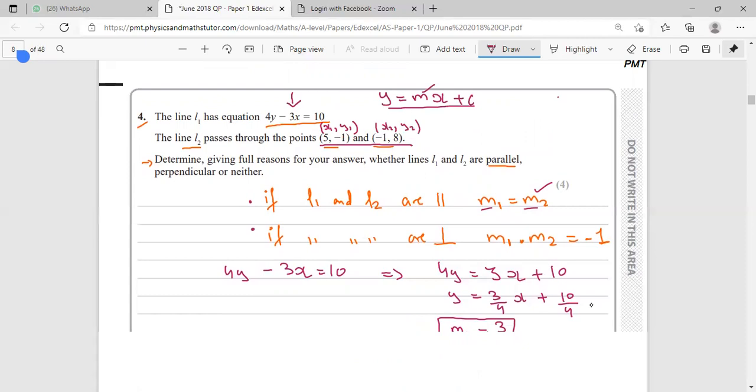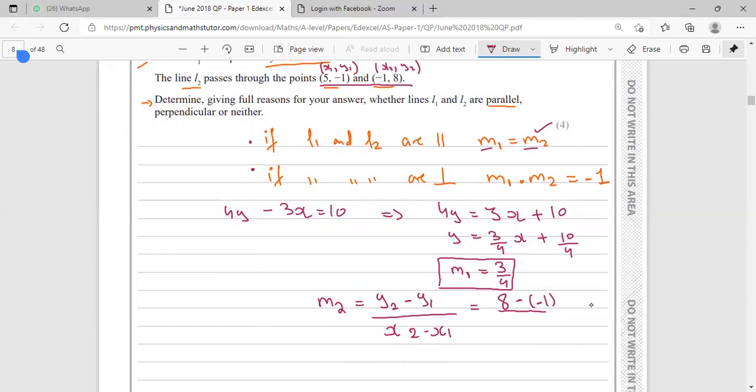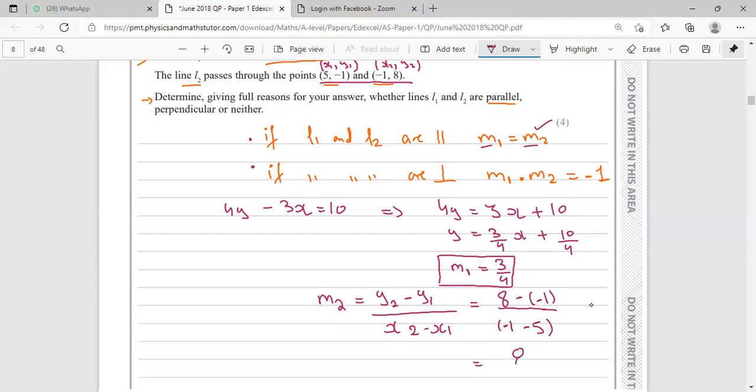It is 8 minus 1 divided by, we have x2 minus x1. What is x2? x2 is minus 1. What is x1? It is 5. So finally we have 8 plus 1 by minus 6. This is 9 by minus 6. So this implies that M2 is minus 3 by 2.